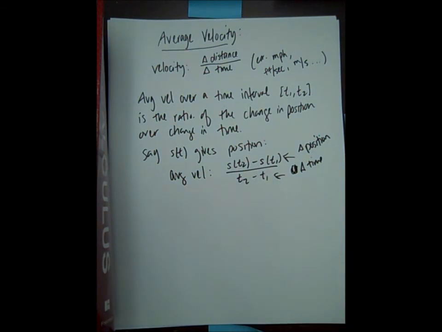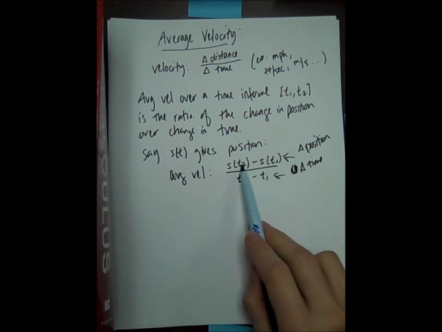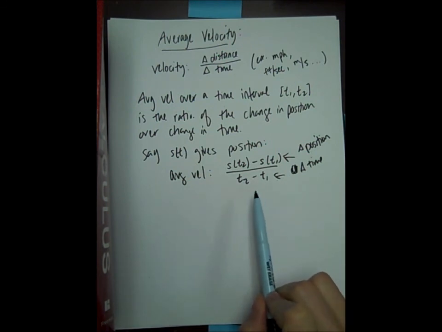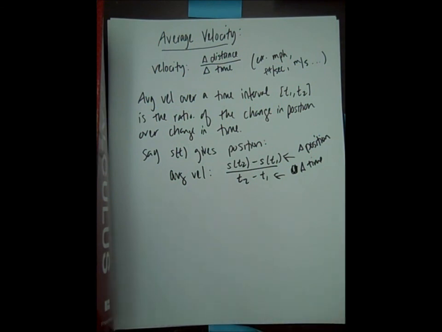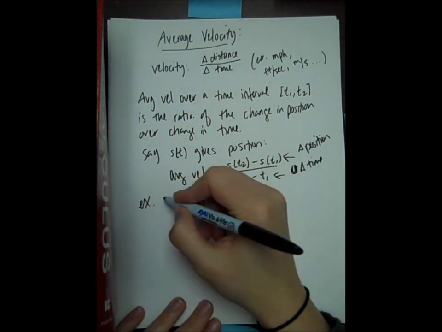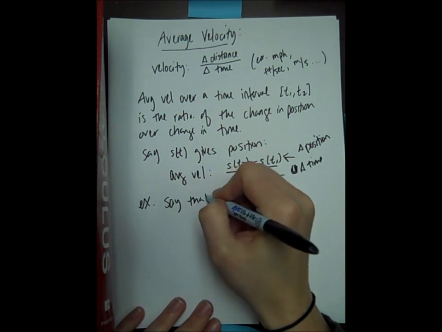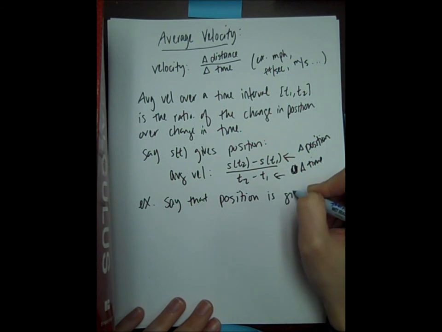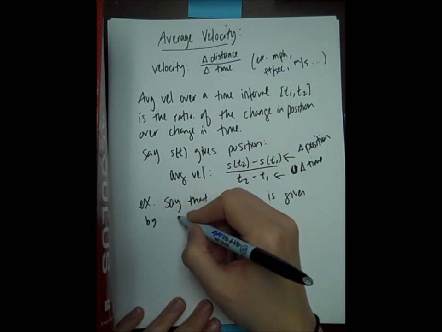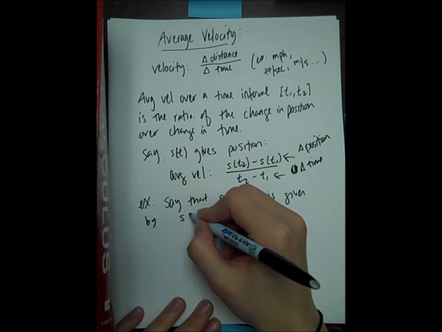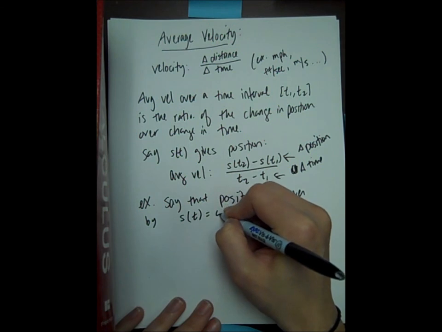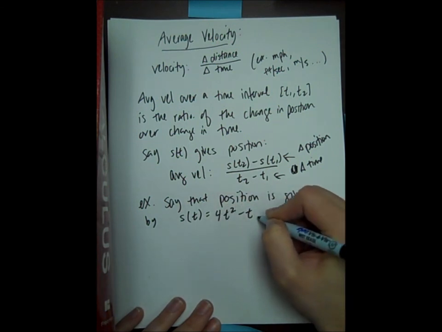So whenever a problem says calculate the average velocity, you're going to take the change in the position, or the change in the distance, how far the object moved, divided by the change in the time. So, for example, let's say that position is given by S of t equals 4t squared minus t.